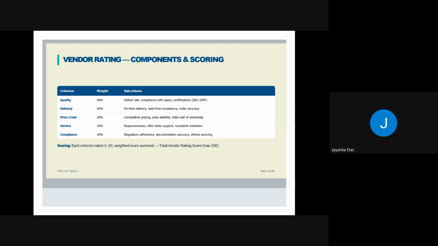For scoring, each criterion is rated from 1 to 10, and the weighted scores are summed up to a total vendor rating score, which comes to a maximum of 100%. So out of this 100%, based on how much that particular vendor scores, we will decide whether to continue with that vendor in future, or try to find some other vendor if they are not performing well.